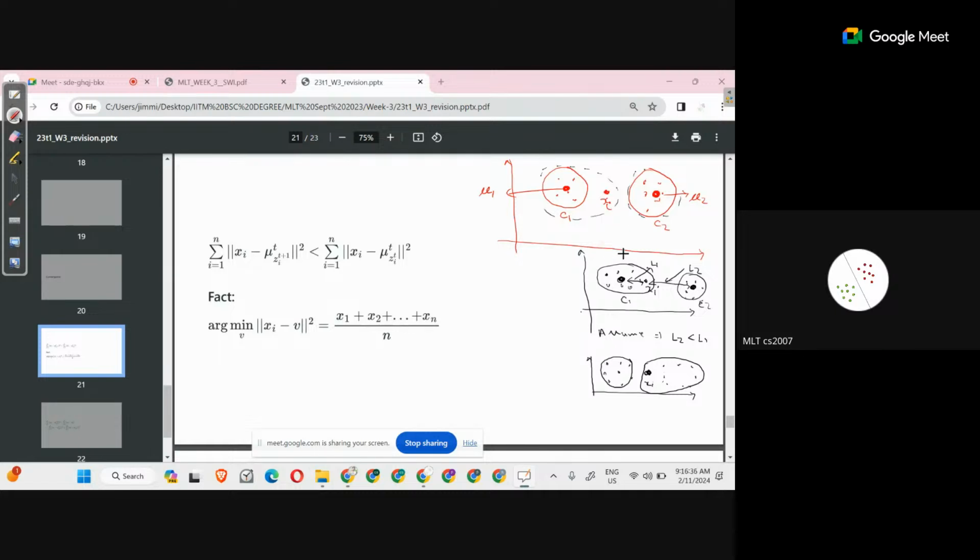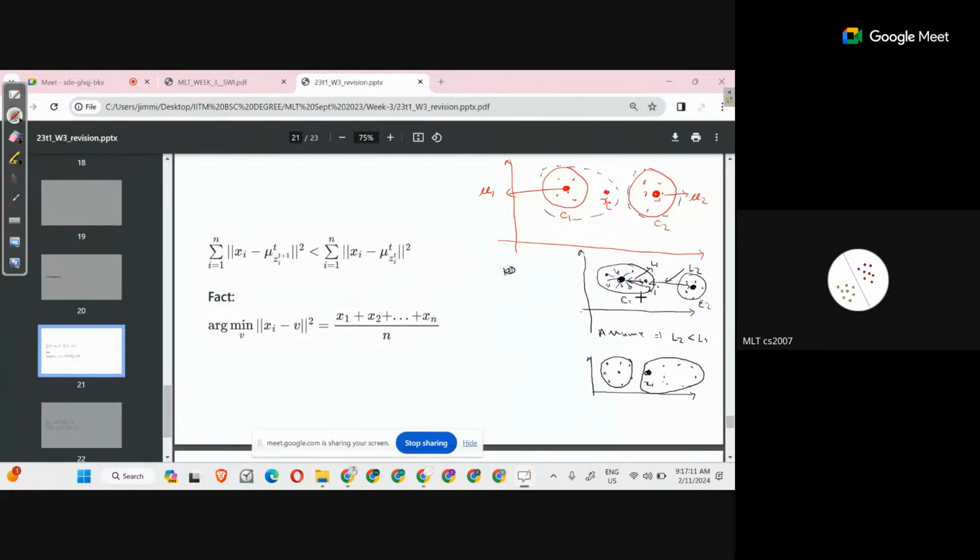One thing we can see here is that if this reassignment is happening, let's say earlier we had 10 points, and the sum of the distances of all the points from the centroid was 10 units.